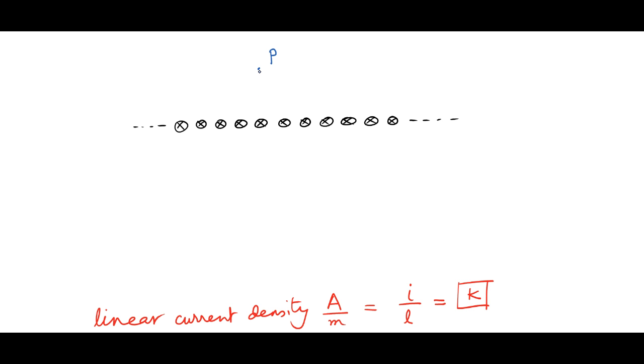The point P is directly above a certain line of current, namely this one, and it's an infinite line of current, and you can apply the right hand rule to visualize the magnetic field lines which are generated by this particular line.